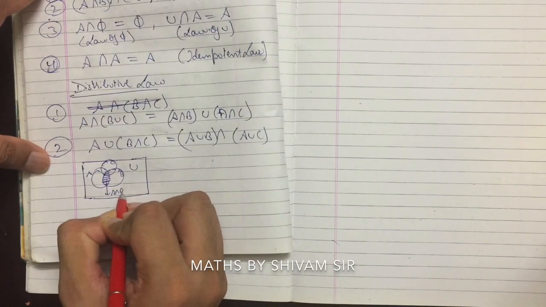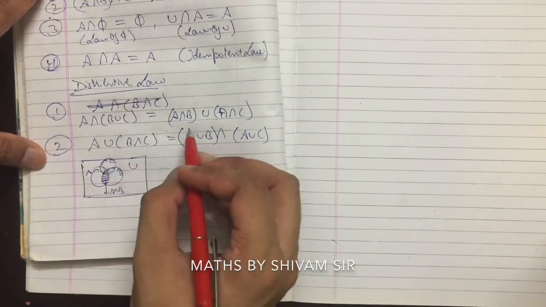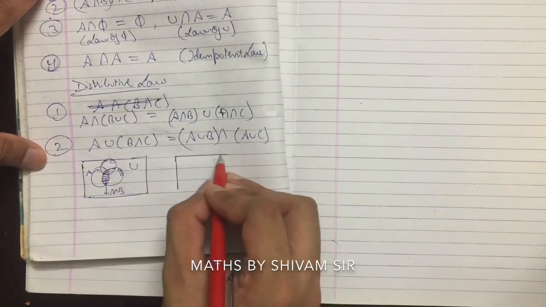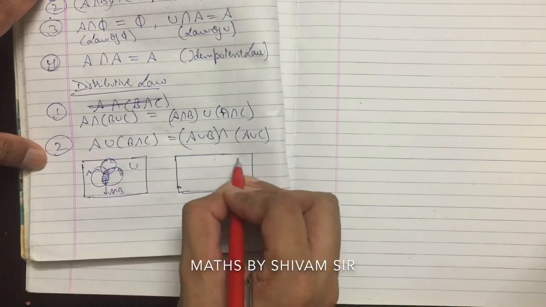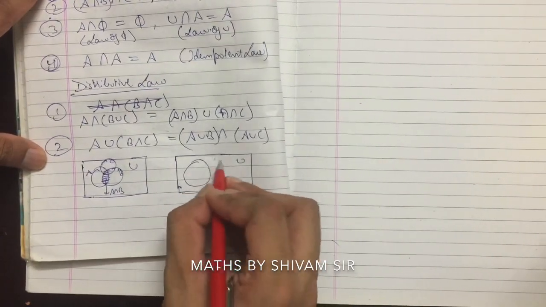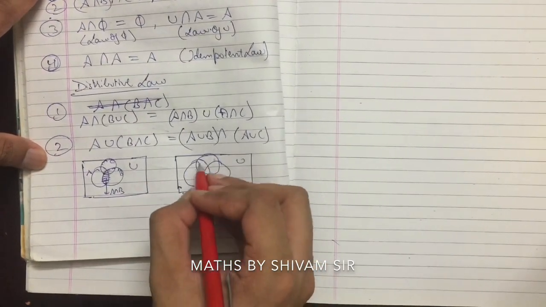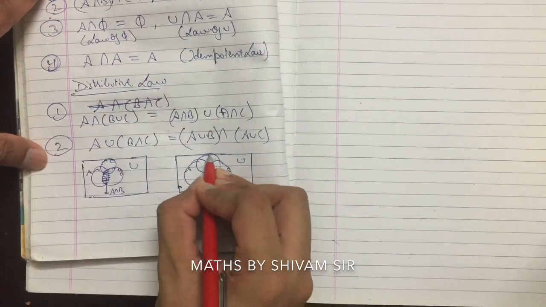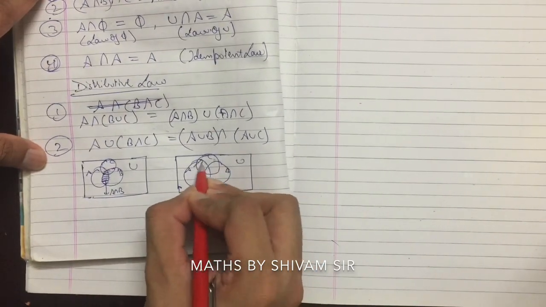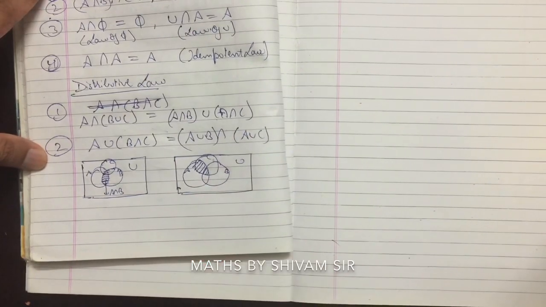And A intersection C will be this set, which is common to both A and C.